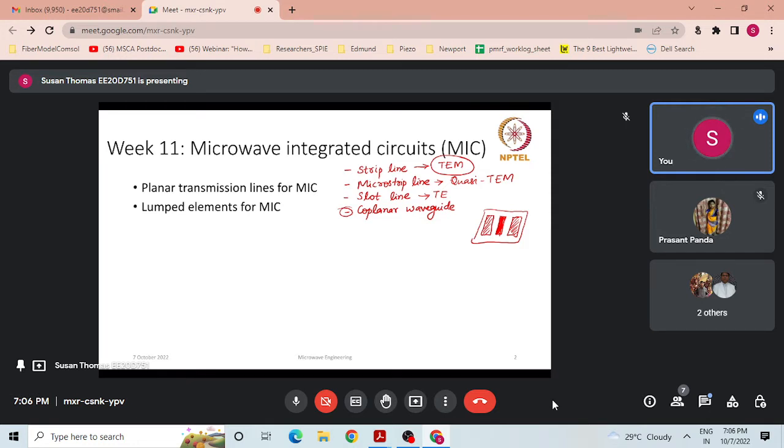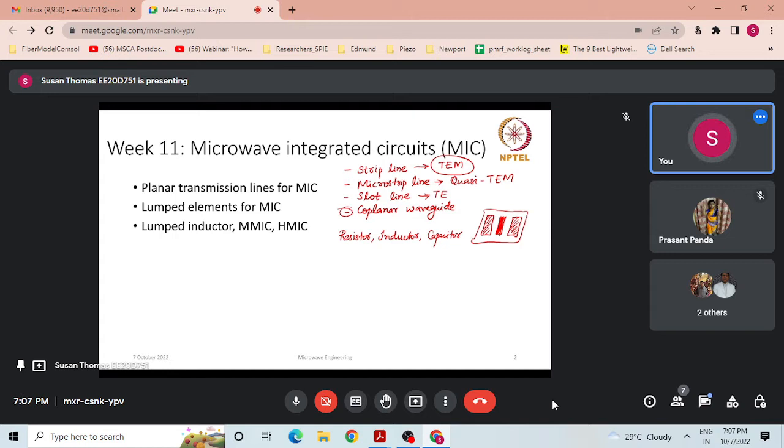Then the topic of discussion was lumped elements for microwave integrated circuits. When I say lumped elements, you have to remember resistor, inductor, and capacitor. These are all the lumped elements. How to realize these kinds of elements in microwave integrated circuits was discussed.